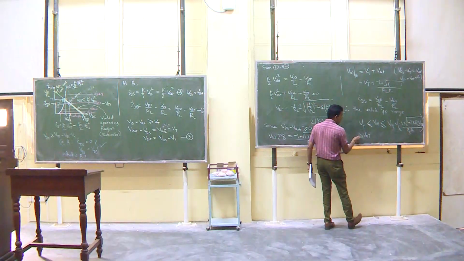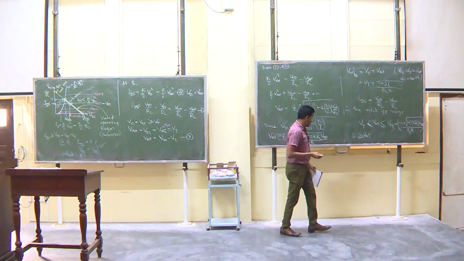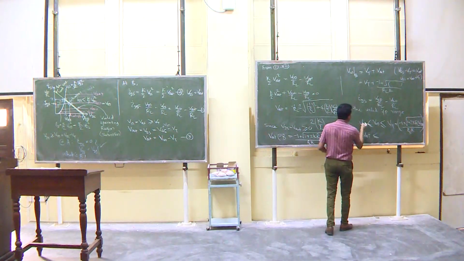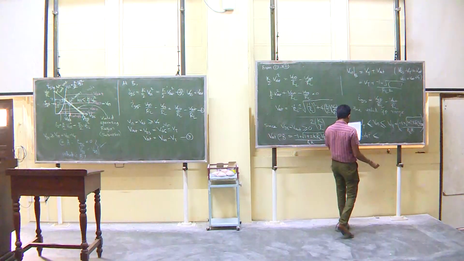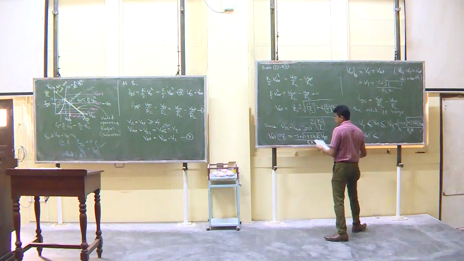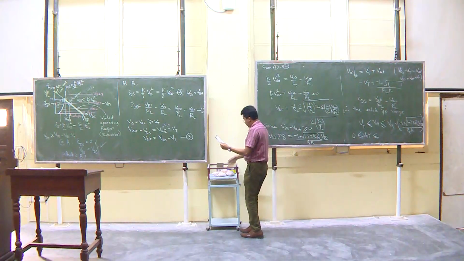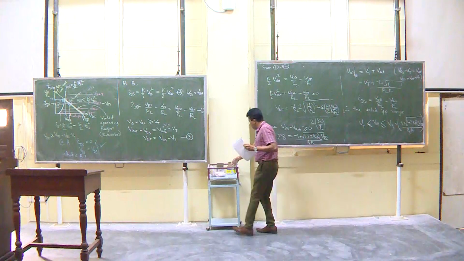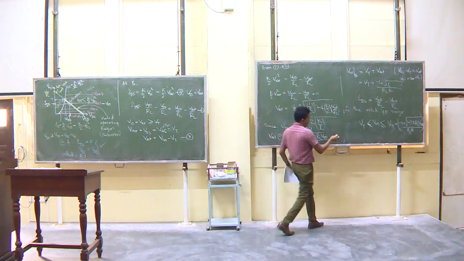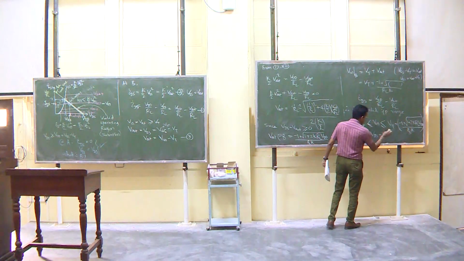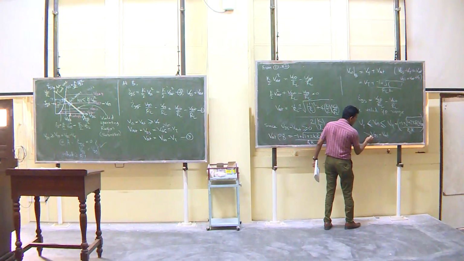V out is obviously greater than or equal to 0, sorry, greater than or equal to 0 and less than or equal to, from that you can get VDD. VDS is equal to V out has to be less than or equal to VDD.